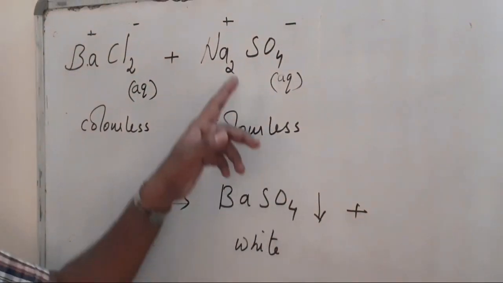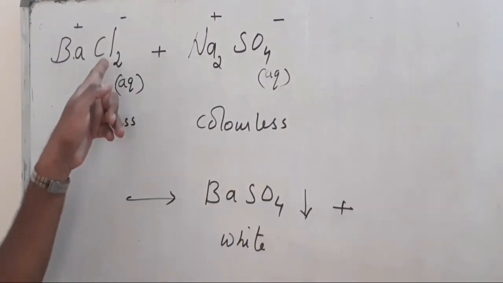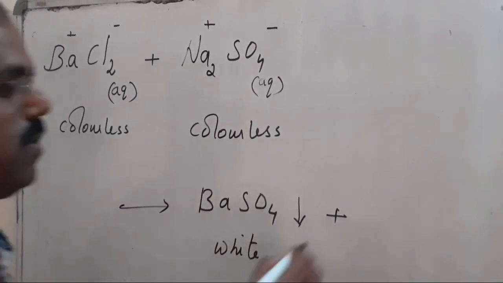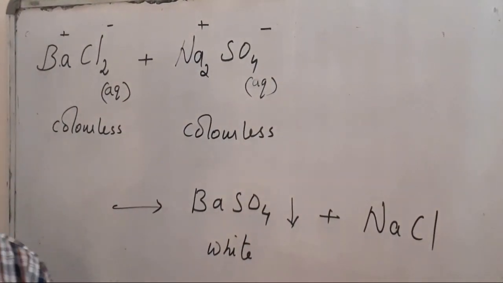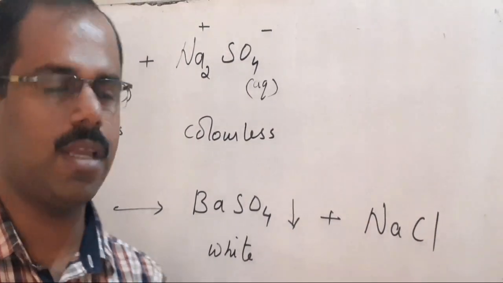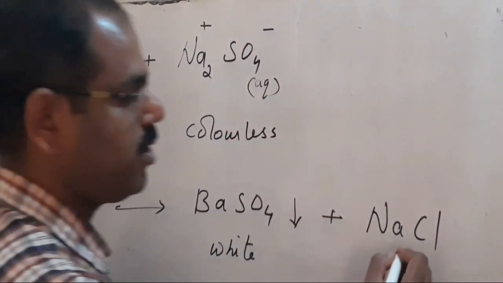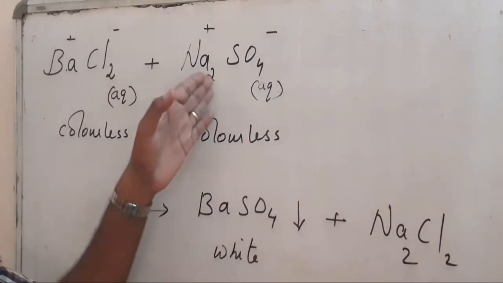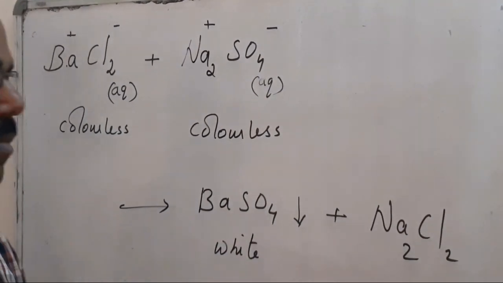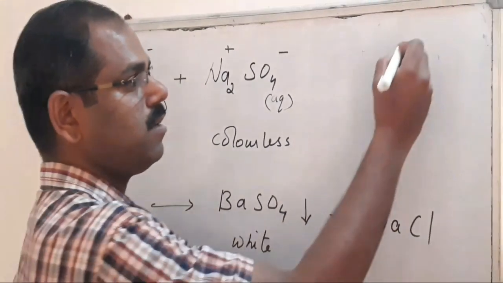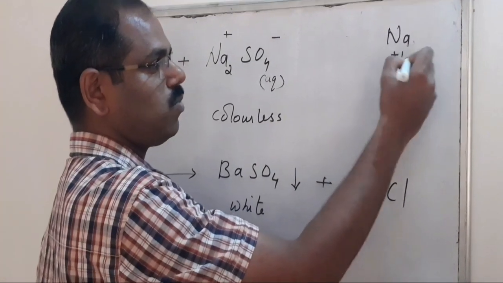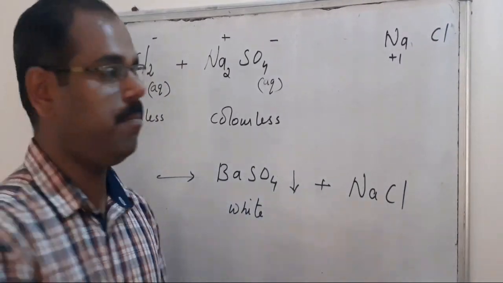Plus sodium positive goes with the chlorine. So sodium chloride is NaCl. For writing the formula, we always use the crisscross method. Don't write Na2Cl2, it's wrong. Use the crisscross method: the valency of sodium is +1, valency of chlorine is -1.